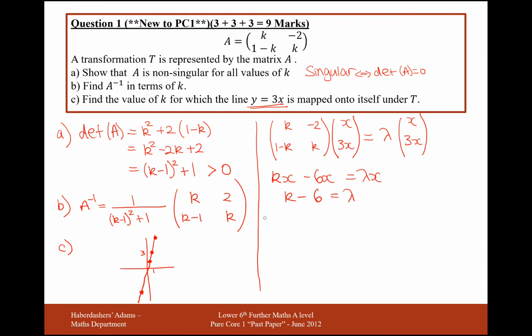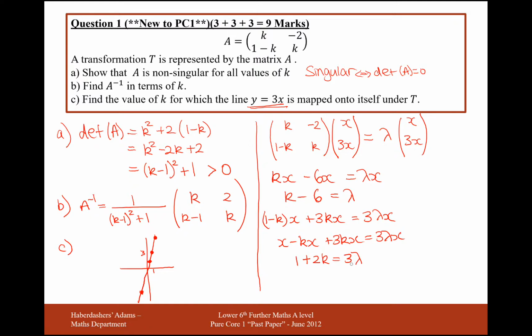And for the next one, it's going to be 1 minus k lots of x, add 3kx equals 3 lambda x, or in this case here, it's going to be x minus kx plus 3kx equals 3 lambda x, and cancelling out the x's and combining these two terms here, 1 plus 2k equals 3 lambda.